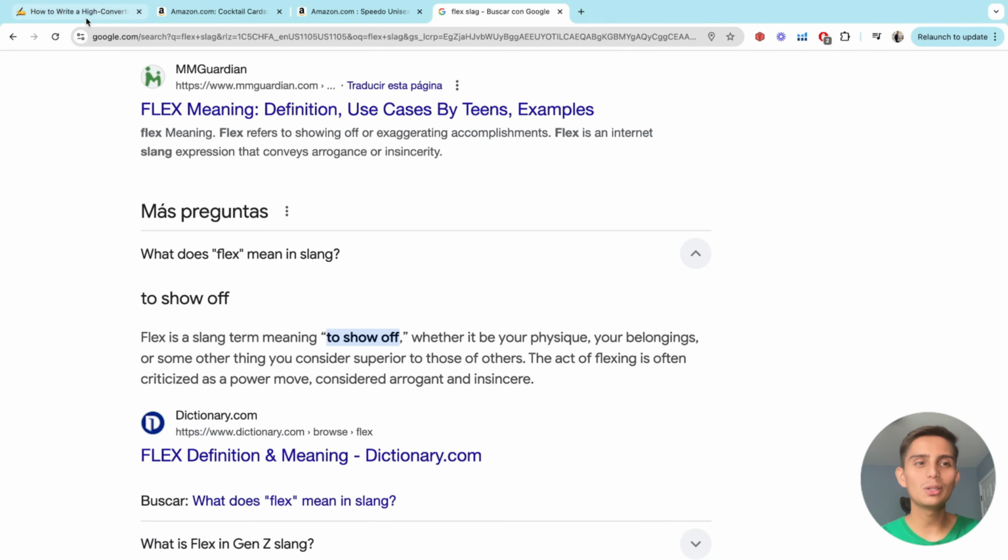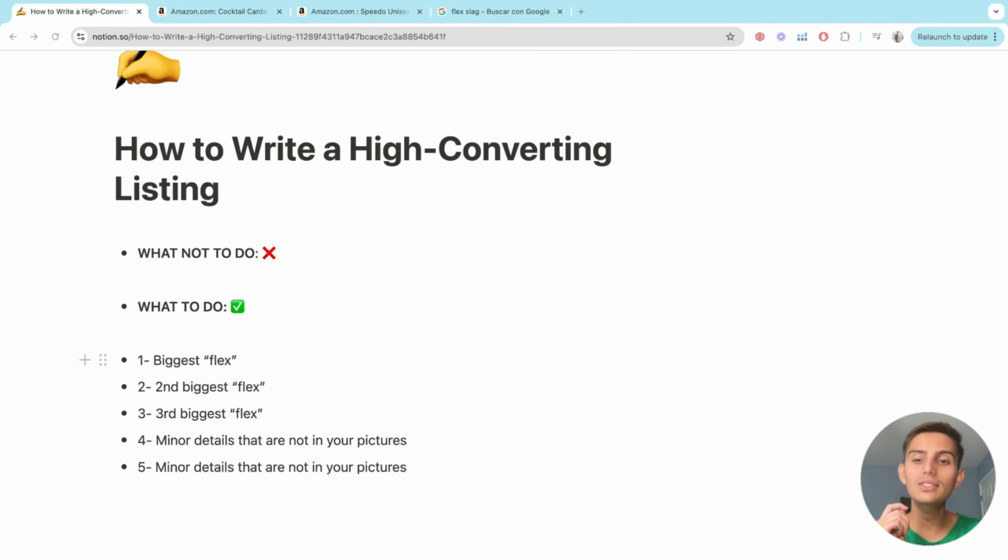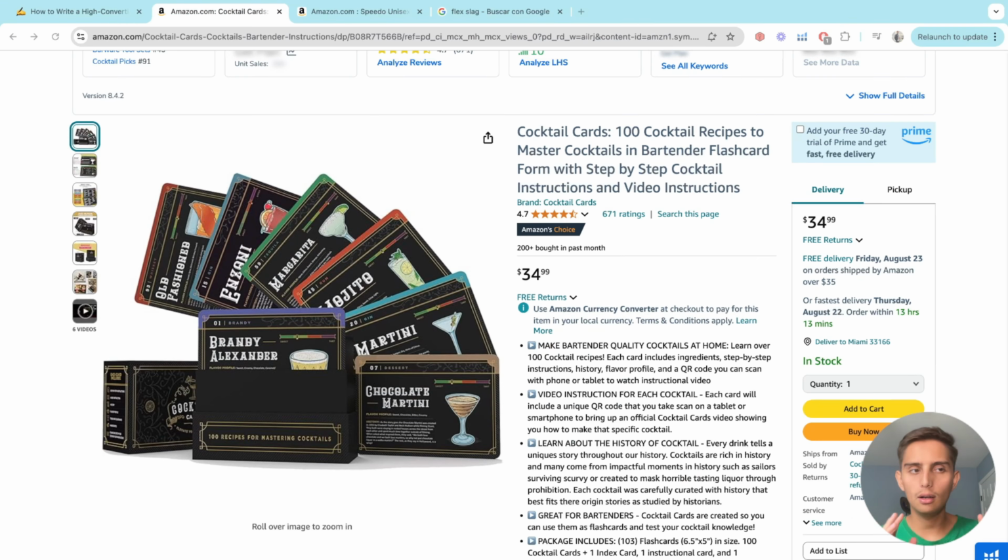So if you have something cool, something that you should show off, this is your time to do it. On your first bullet point, whatever the reason is why you think you're better than your competition, that's exactly what your first bullet point should be. Your biggest flex.